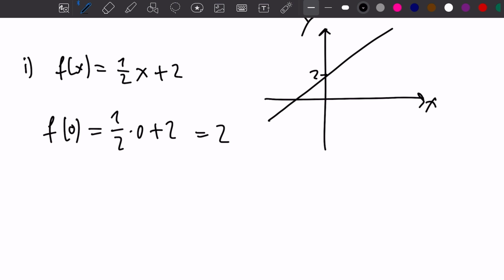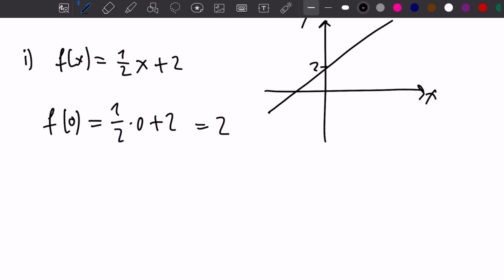You can see it here, 2 is this part here, so we go 2 up, and that's where our intersection with the y-axis is.